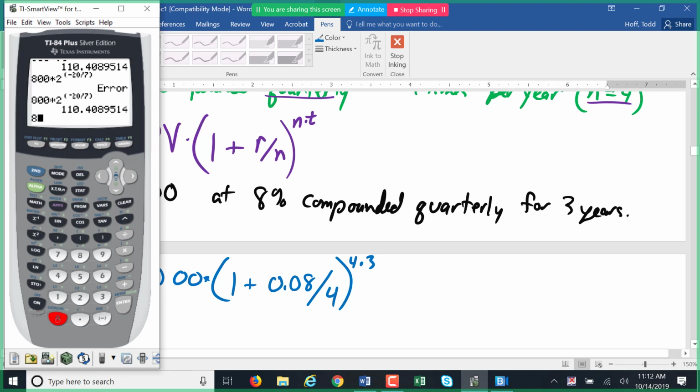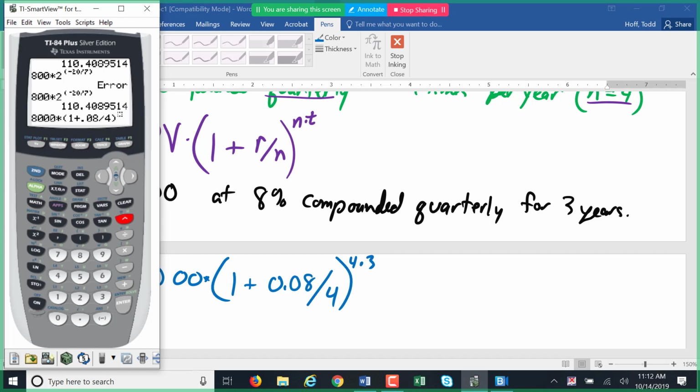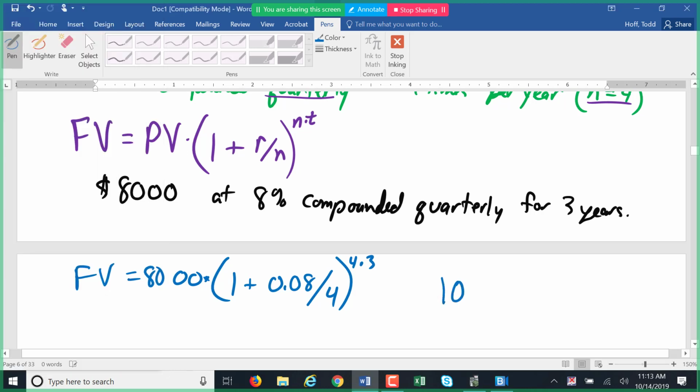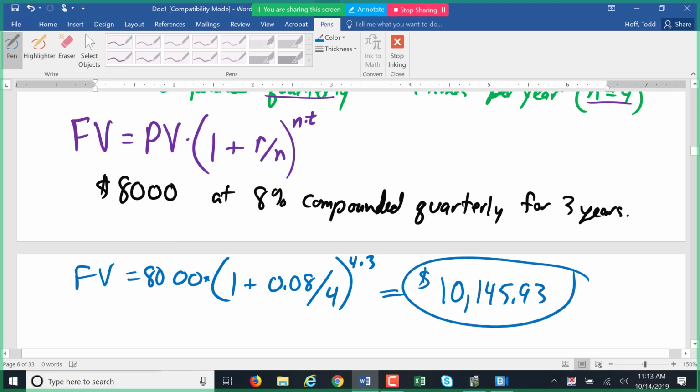So 8, 1, 2, 3 times parentheses 1 plus 0.08 divided by 4, close parentheses, to the power of 4 times 3, I get 10,145.93. So $10,145.93.